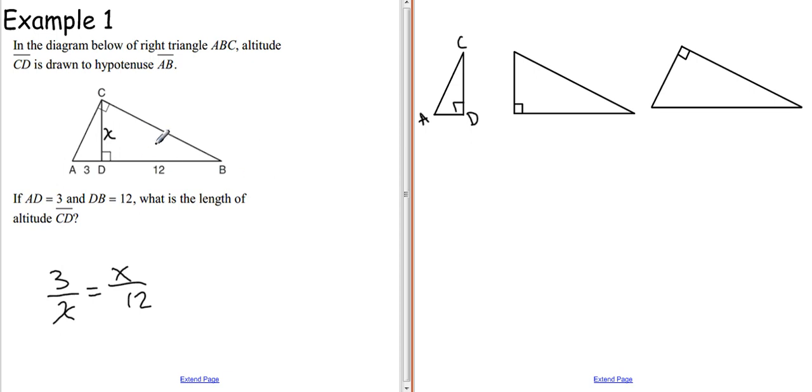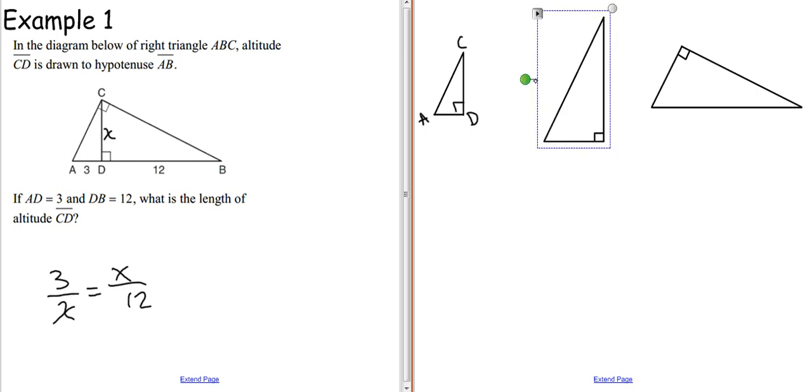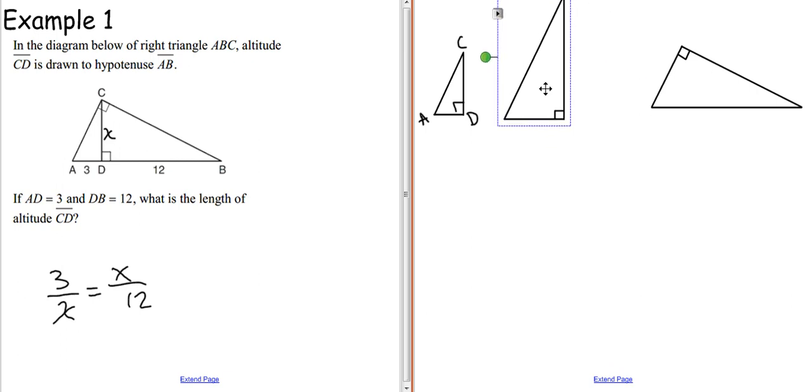Now, to get the medium triangle to be oriented the same way as ADC, I have to rotate that 90 degrees counterclockwise. And that makes this CDB.